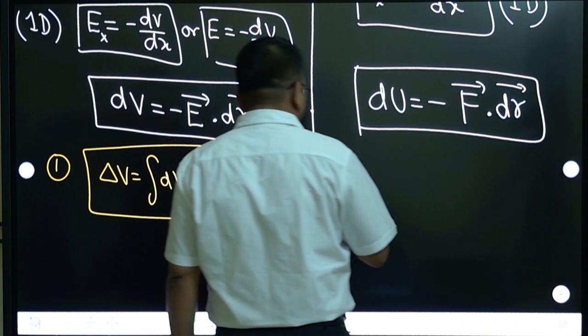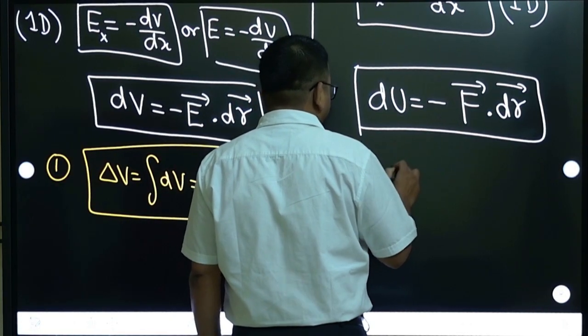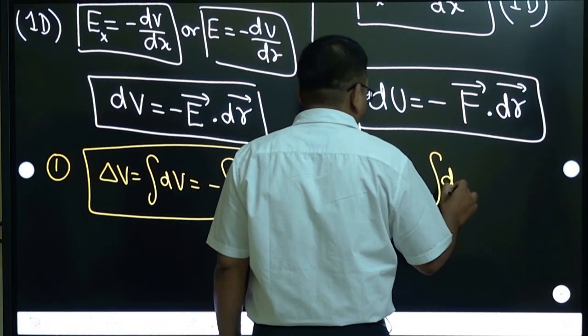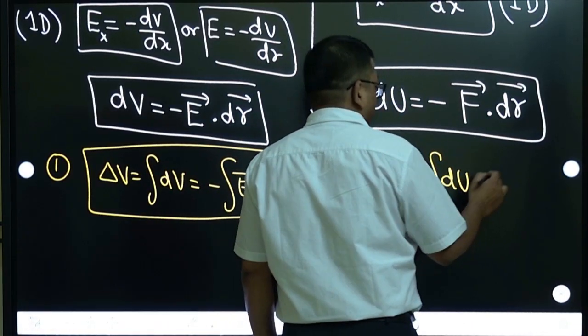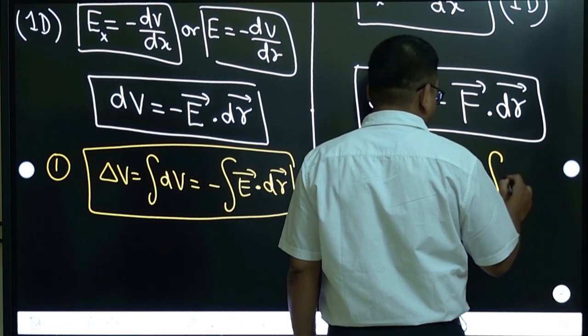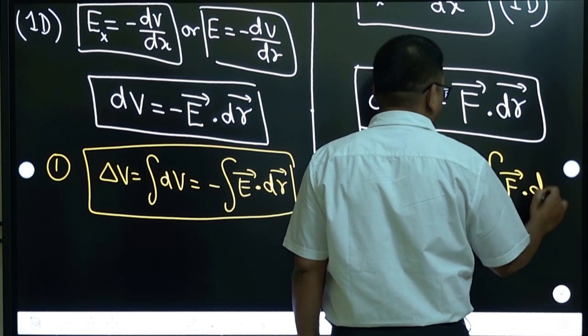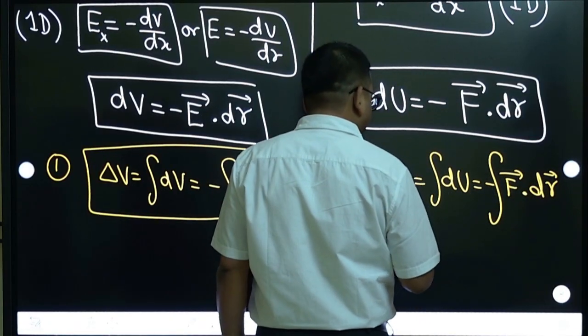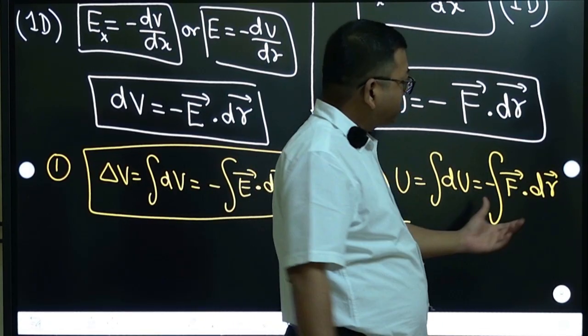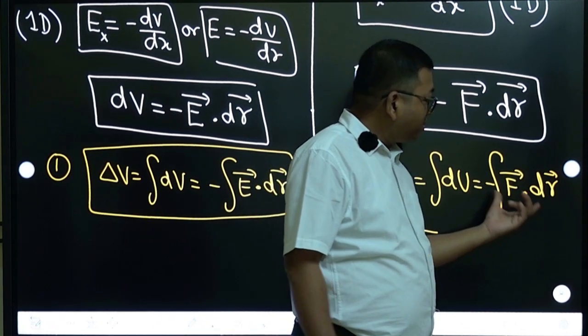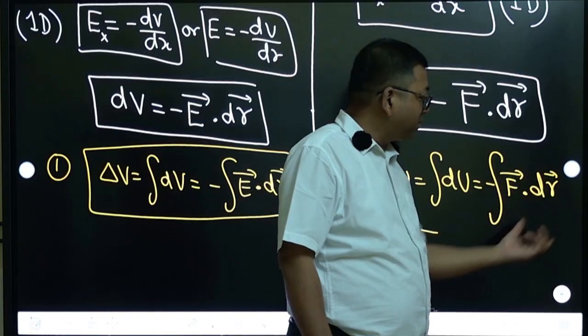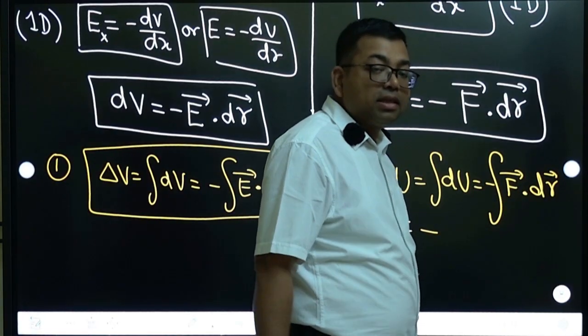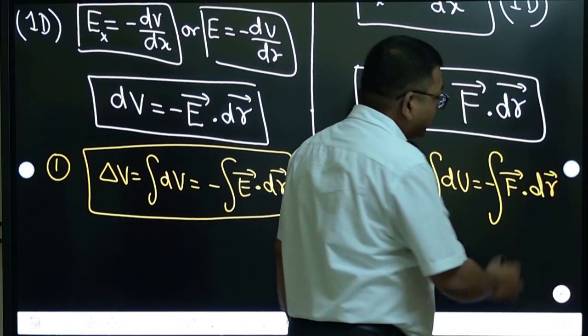Also here, the change of potential energy is the integration of dU, which you can do by minus F dot dr. Now note that this is a conservative force, so the integration of F dot dr is nothing but the work done by the conservative force.